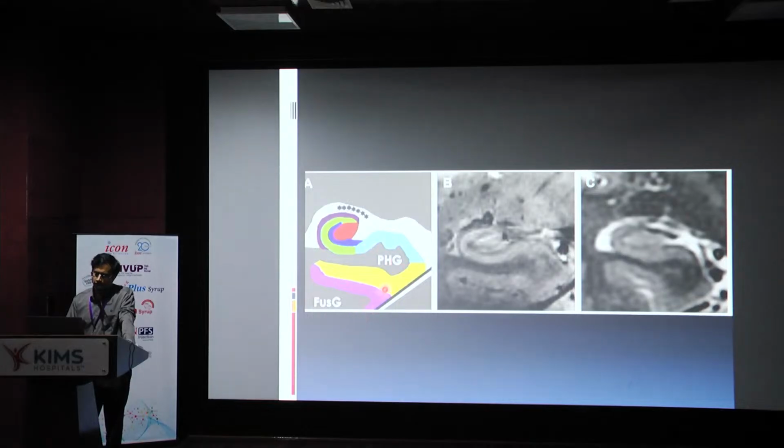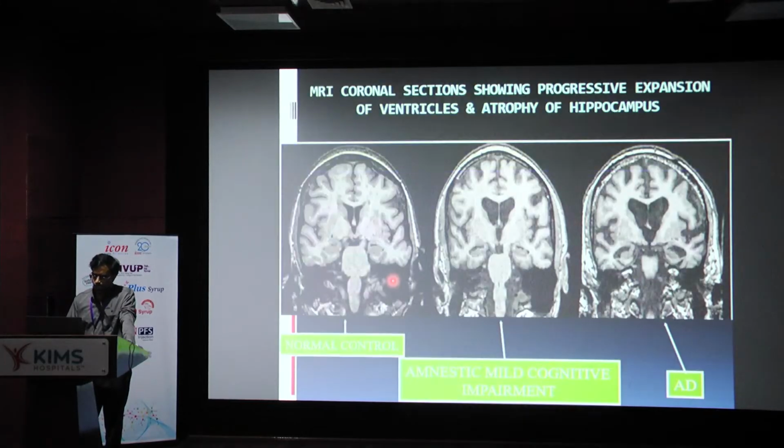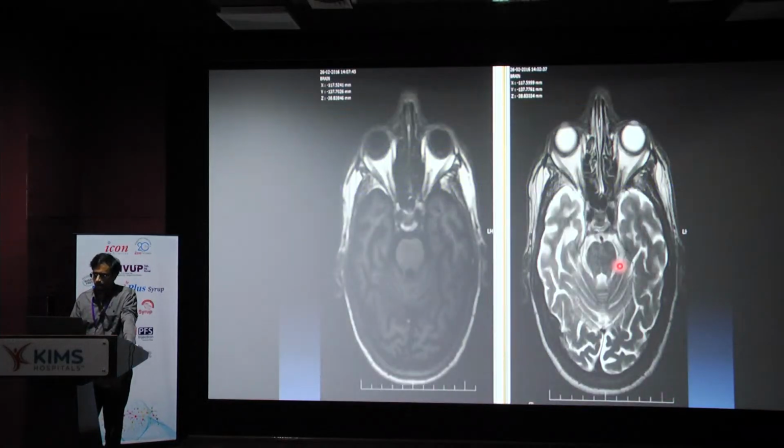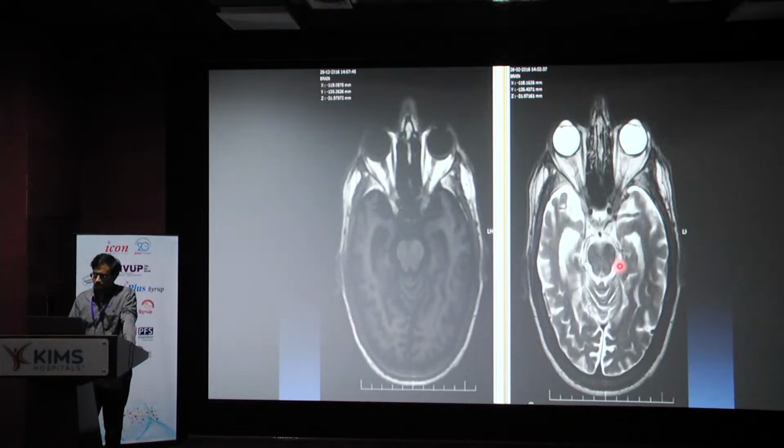This is the area where the scaling started, and we look at the asymmetric versus symmetric pattern, so that pattern also we have to keep in mind, and always not just the hippocampal atrophy. We look at what other areas are involved before the hippocampus starts. If you see here, there is significant atrophy.